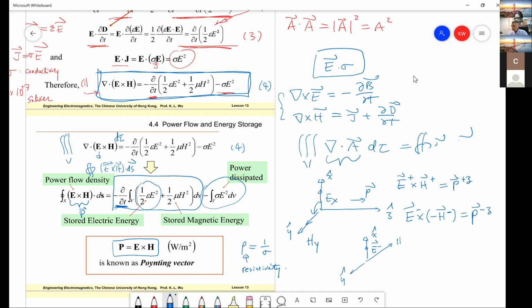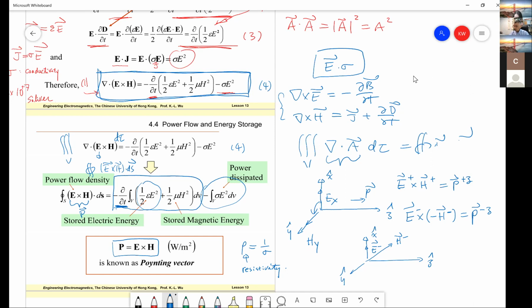so this is a magnetic field. For propagating toward the minus Z direction, this is Z, right? Because X, Y, Z is always held by the right-hand rule.